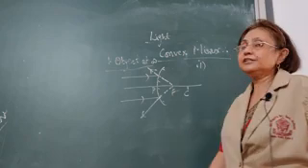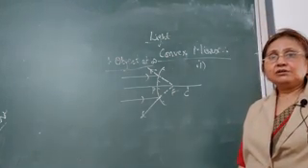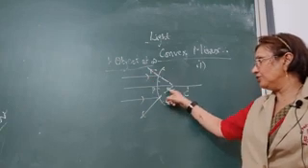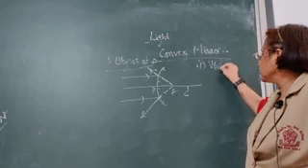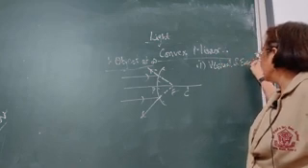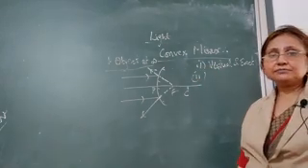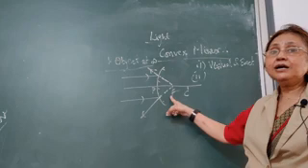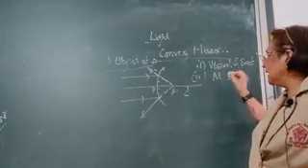So the first point, the nature of the image: the reflected rays are not actually meeting, they are appearing to meet. So it is virtual, and virtual images are always erect. So how is the image? Virtual and erect. Second point, position of the image. Where is it formed? At the focus.